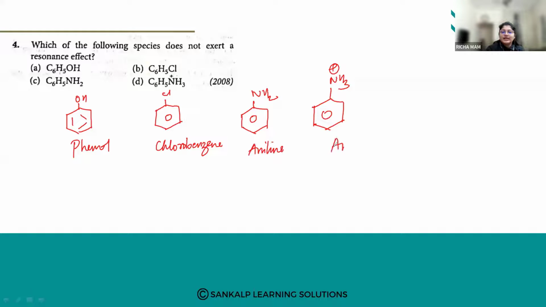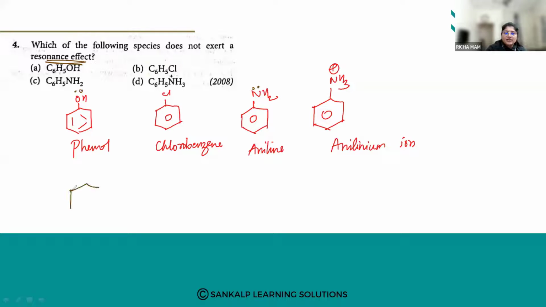And this is your anilinium ion. Now, for resonance stabilization, there should be the presence of some lone pairs, right? Now here, how do we get this anilinium ion?